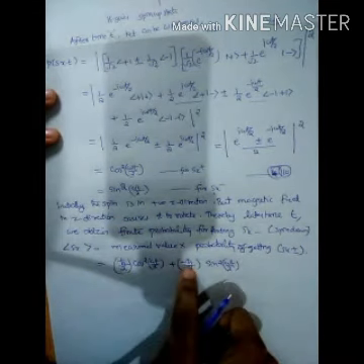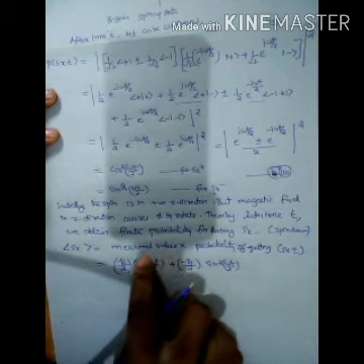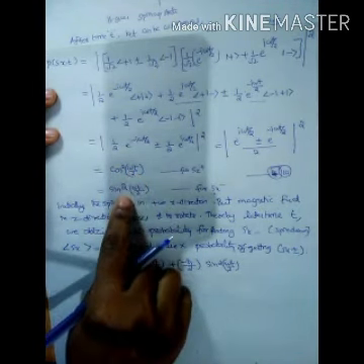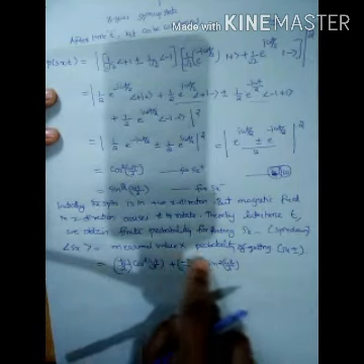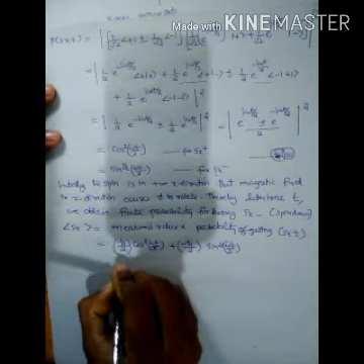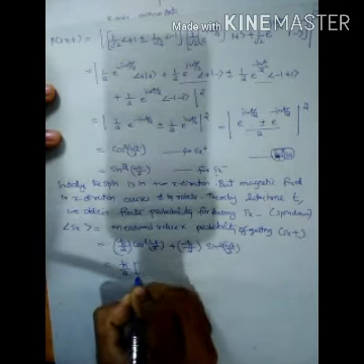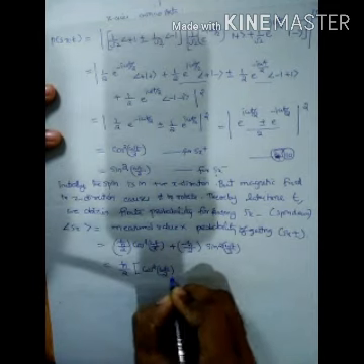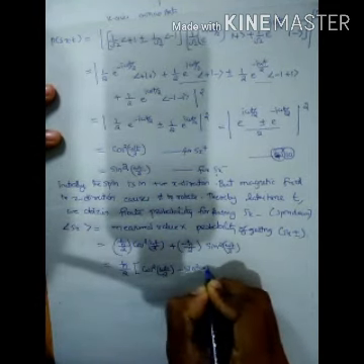These are the measured values and this is our probability. We get two probabilities, so the total is the sum of the probabilities. When we take h cross by 2 outside, what is left inside the bracket is cos square omega t by 2 minus sin square omega t by 2.